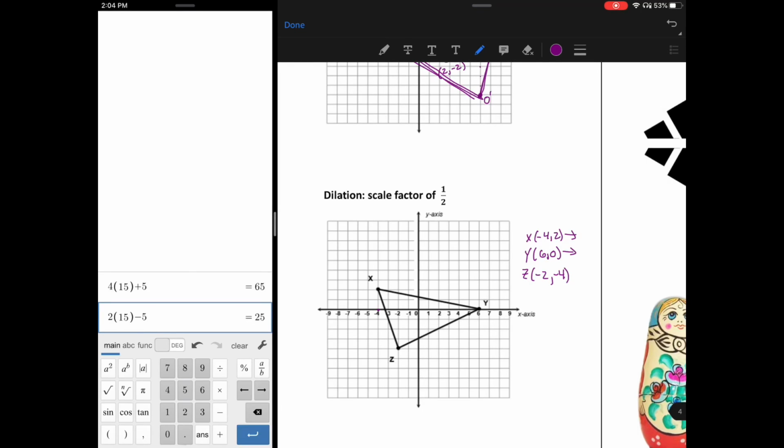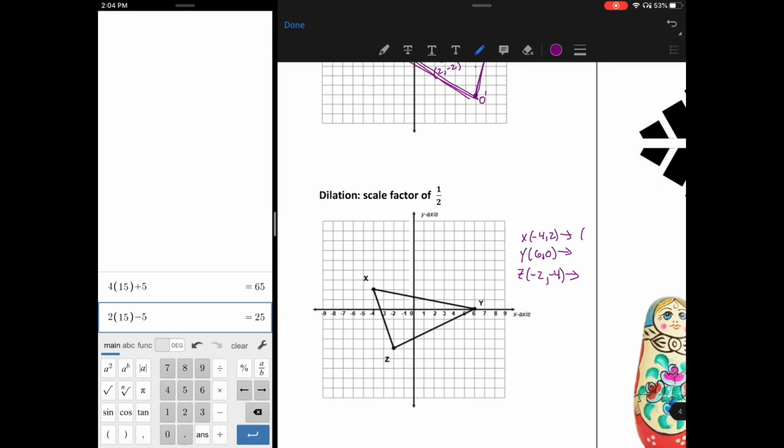So I'm going to multiply all of these coordinates by 1/2. So a negative 4 times 1/2 is going to be negative 2, and 2 times 1/2 is 1. 6 times 1/2 is 3, 0 times 1/2 is 0. Negative 2 times 1/2 is negative 1, and negative 4 times 1/2 is negative 2.